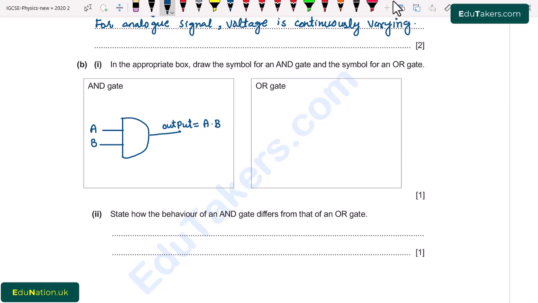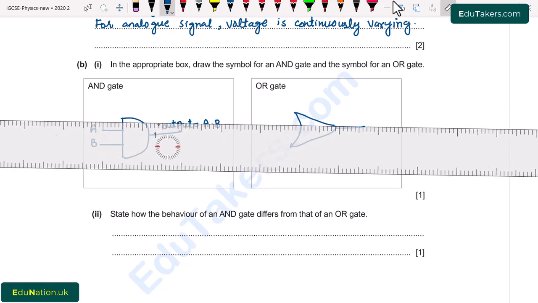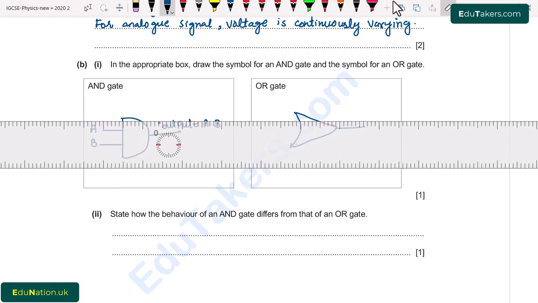For OR gate, the symbol is just like this. So it has single output, while again it has two inputs.